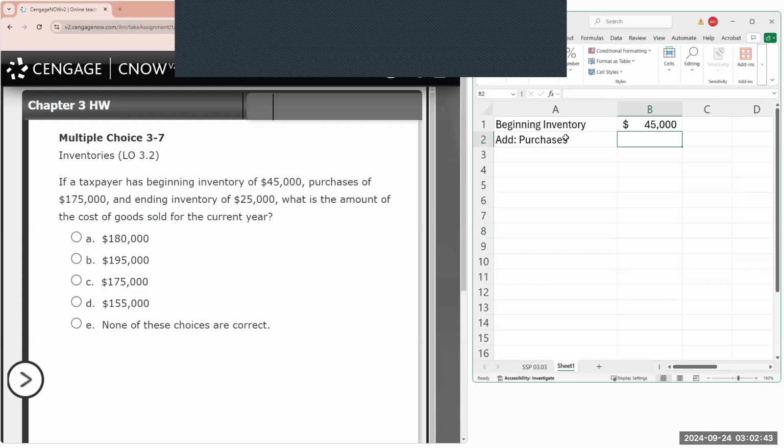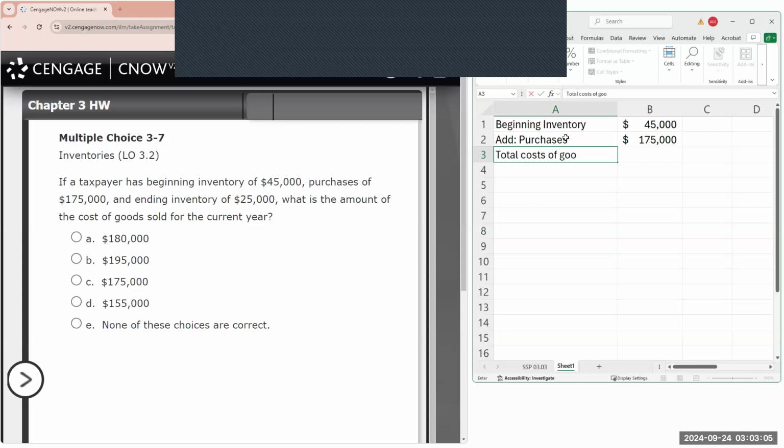All right, and again, this is basically taking it back to accounting. This is how you account for cost of goods sold. Same calculation as it applies to tax purposes. So we add our purchases, in this case, which is 175,000.